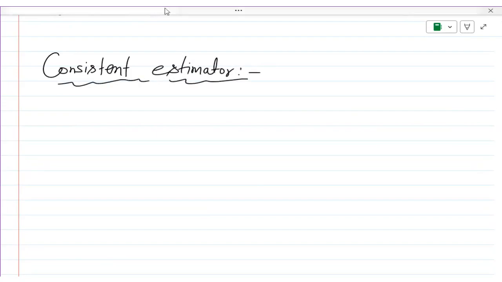The meaning of consistent estimator is that if your sample size is increasing, then the value of the estimator and the value of the parameter should both be the same. They should be very near. It means when we are increasing the sample size, we are going near the population. Then whatever information we are getting from the sample should be correct regarding the population. So this is the general meaning.